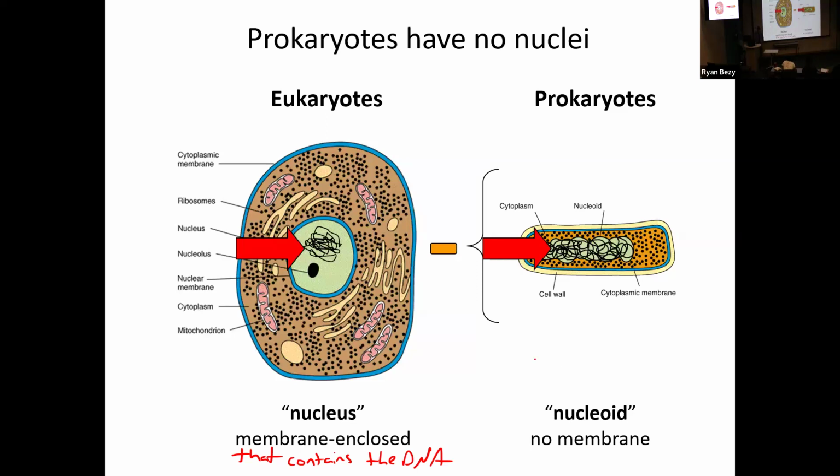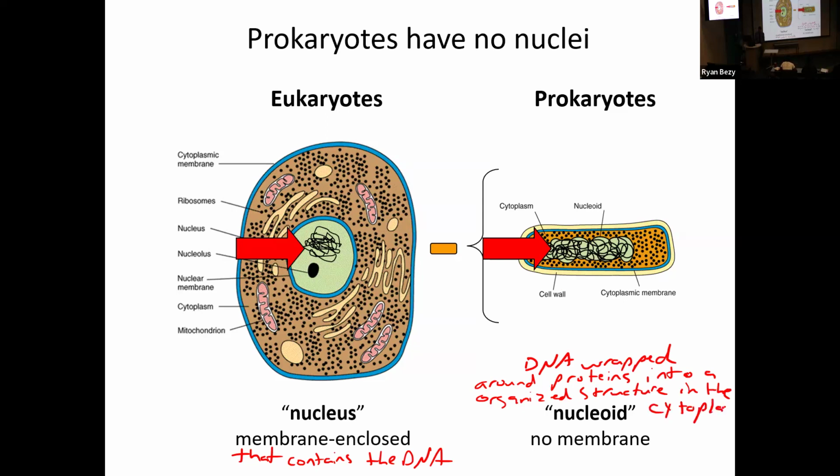So the nucleoid is really just DNA wrapped around proteins into an organized structure in the cytoplasm. It's not membrane bound, it's just going to be free floating in the cytoplasm as well.